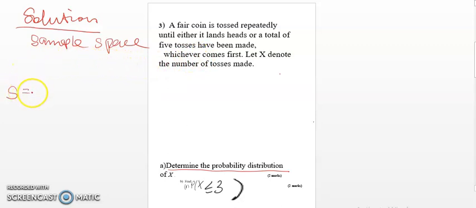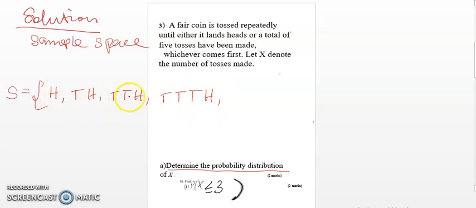When you toss a coin first, let's assume it will have the head. This is the first toss. If you toss the second time, you can either get the tail or the head. Toss it again, you will have tail, and then you have head. If you toss again, you will have tail, then you have the head.